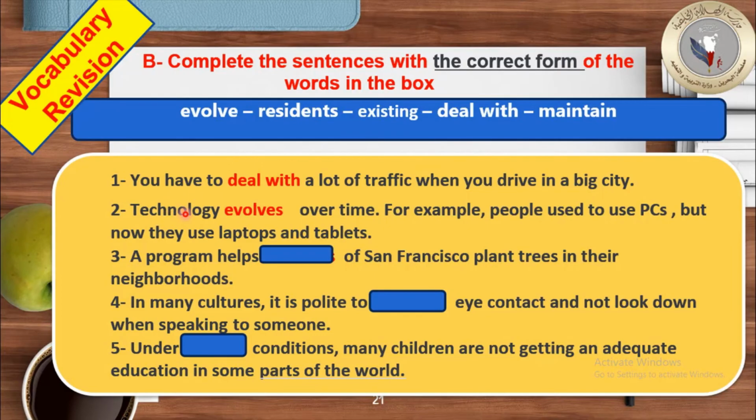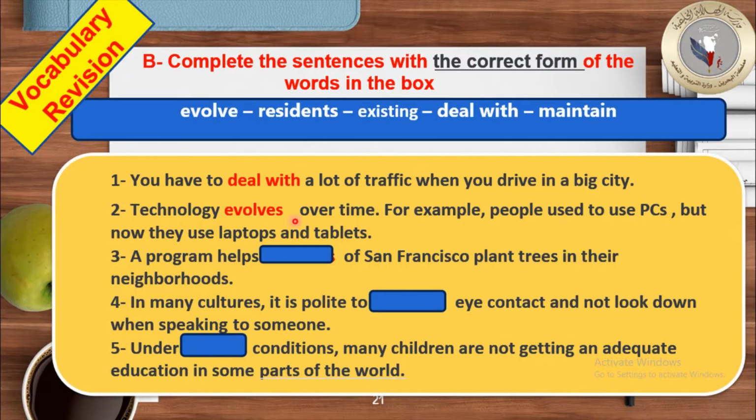In present simple tense. So I put s at the end of the verb, which is evolve. Technology evolves over time. For example, people used to use PCs, but now they use laptops and tablets. This is what I mean by correct form.